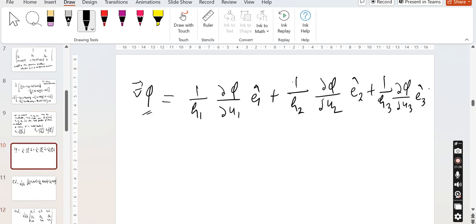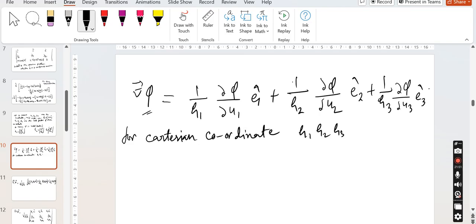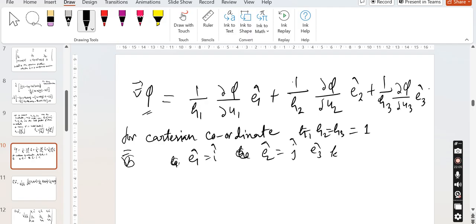So for Cartesian coordinates, h1, h2 and h3 all are 1, and e1 is i, e2 is j, and e3 is k. u1 is x, u2 is y, u3 is z.